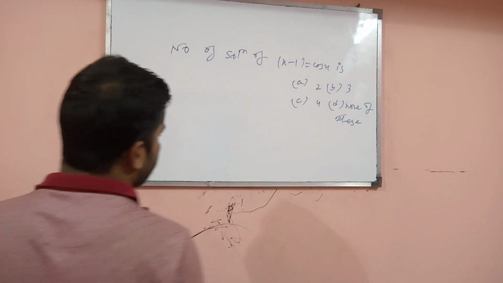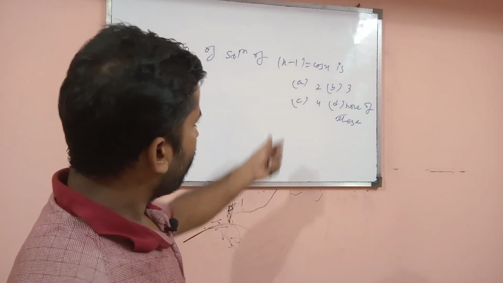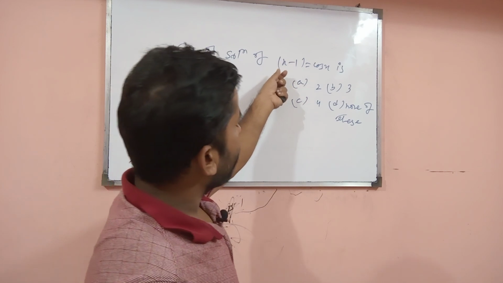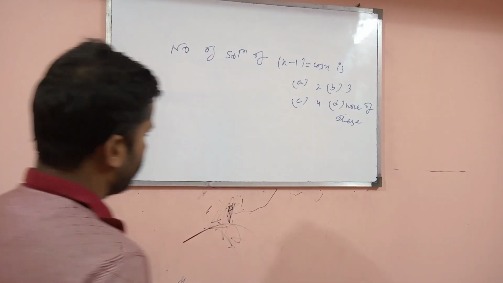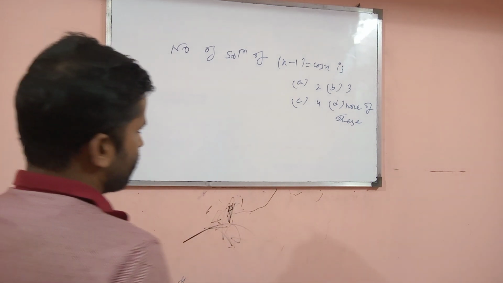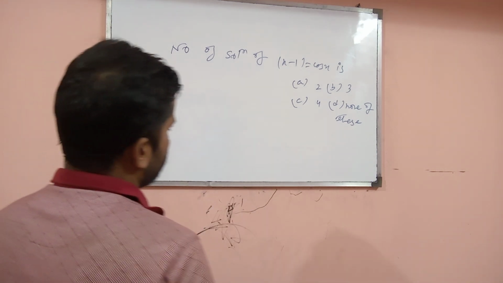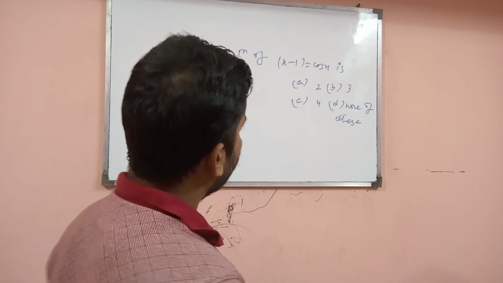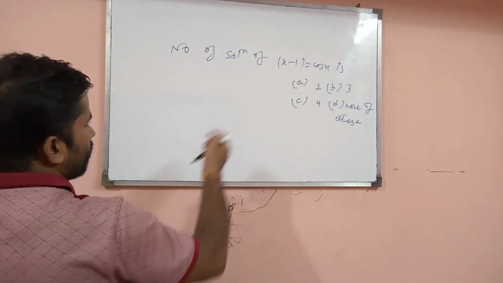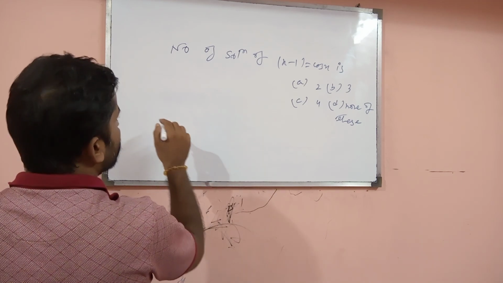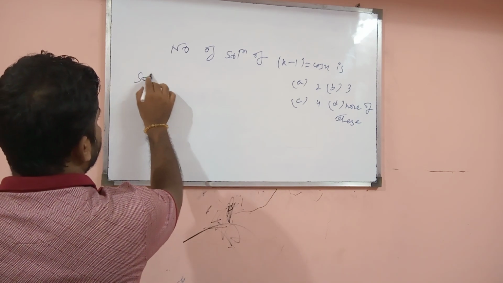So how to solve? It is a modulus function and it is a trigonometric function. Okay, so it is a special kind of problem. So to solve this question we must solve it graphically. Okay, solution.